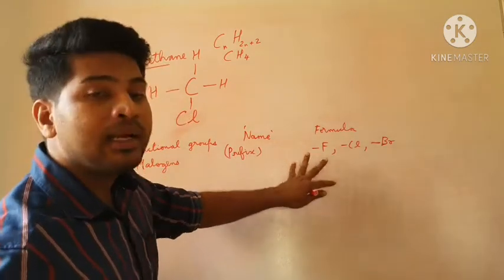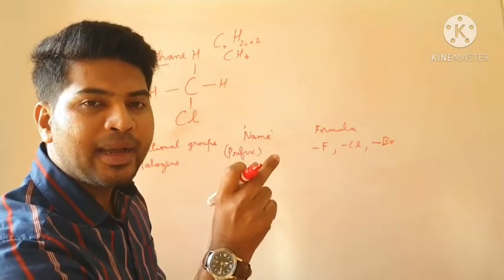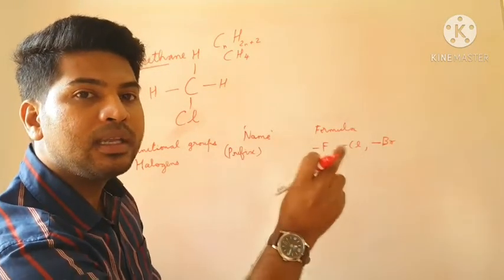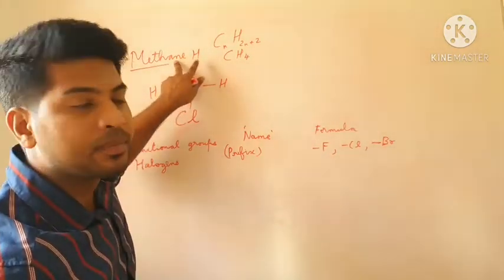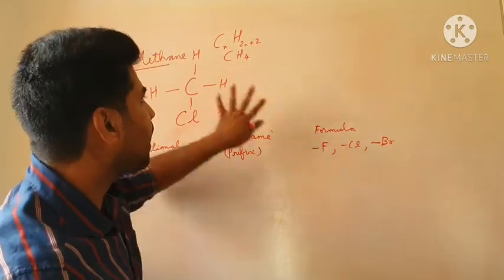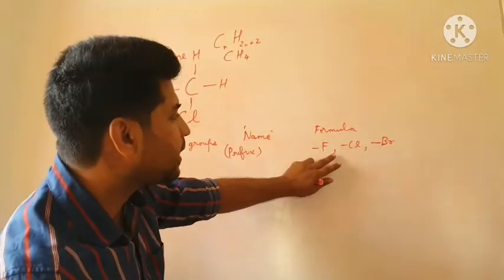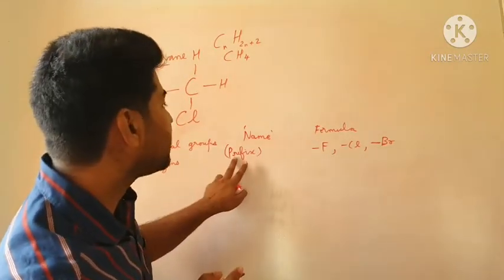We saw that in alkane, alkene and alkyne the name will end with ane, ene or yne, whereas if halogens are attached to the carbon chain, their name will come in the beginning of the name. So it's a prefix.